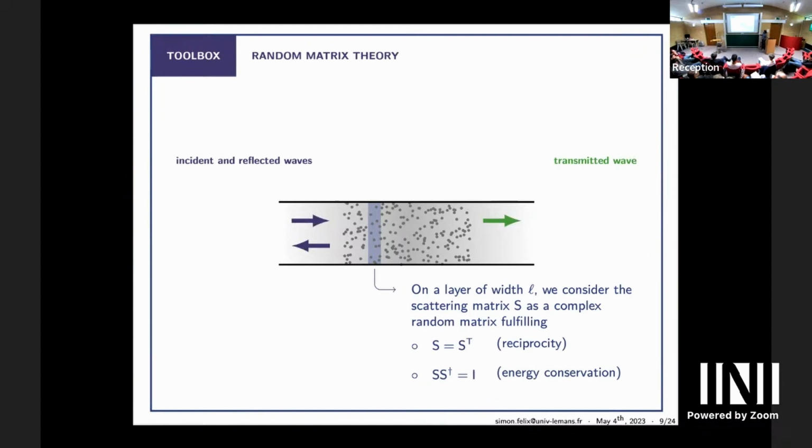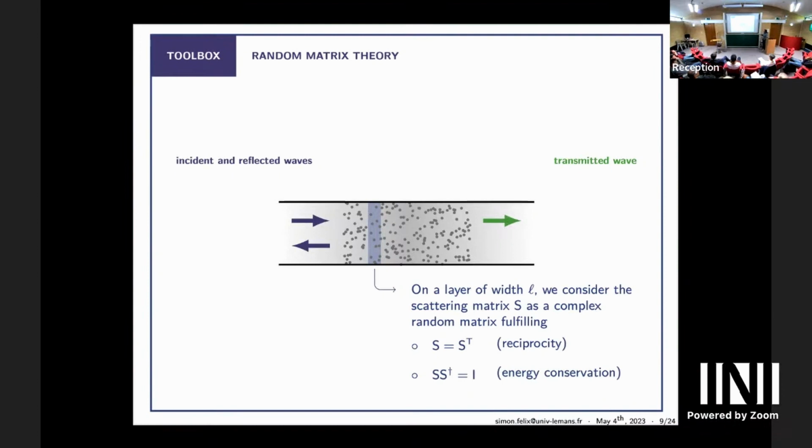So what we do is that we describe this small slice with a random matrix, but we impose on this matrix to fulfill two algebraic properties: the symmetry to account for the reciprocity of the system, and the unitarity to account for the energy conservation.